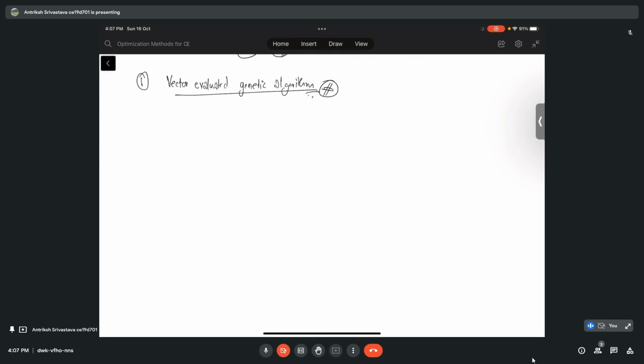How it was written was, you have a generation or initial solution, and you have a set of solutions x1, x2, till xn. So this has n solutions, and each solution will have some small x, small x1, small x2, like that.